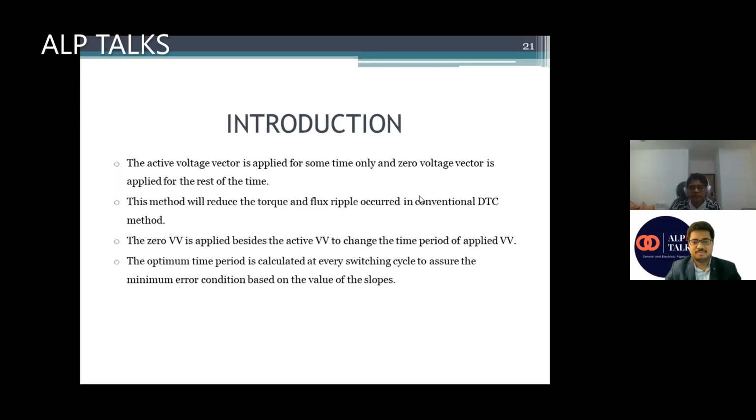So this method will reduce the torque and flux ripple which occurred in conventional DTC. The zero voltage vector is applied besides the active voltage vector to change the time period. And the optimum time period, or the optimum duty cycle, is calculated after every cycle to assure that the ripple and the error come out less.